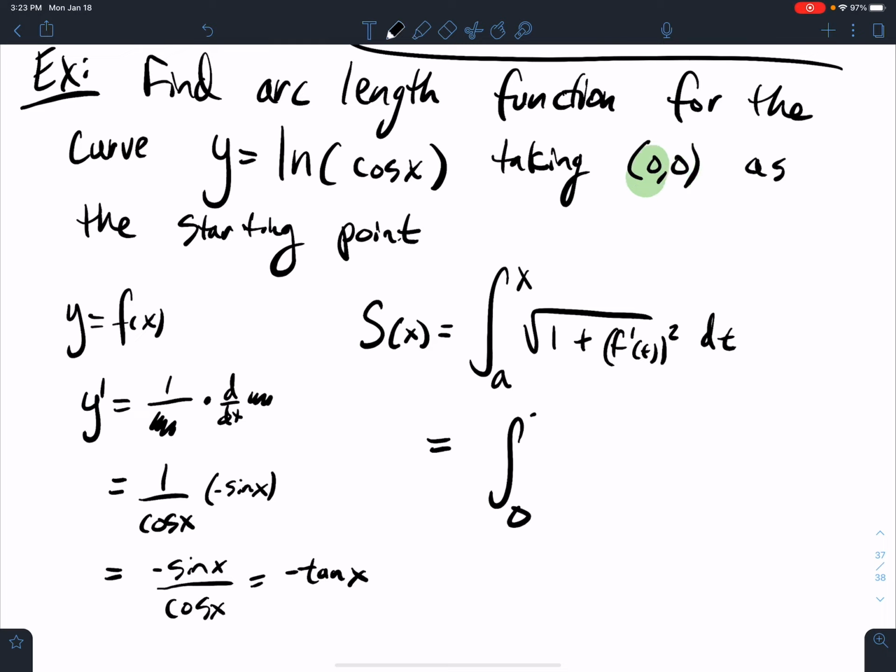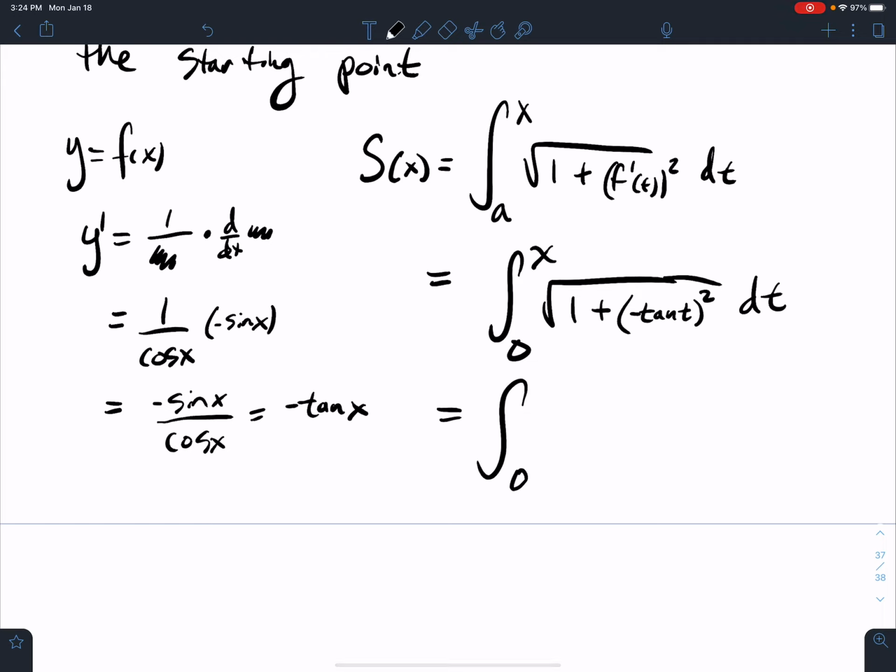So from 0 to x, the integral of the square root of 1 plus negative tangent t squared dt. So this is the integral 0 to x of the square root of 1 plus tan squared t dt.